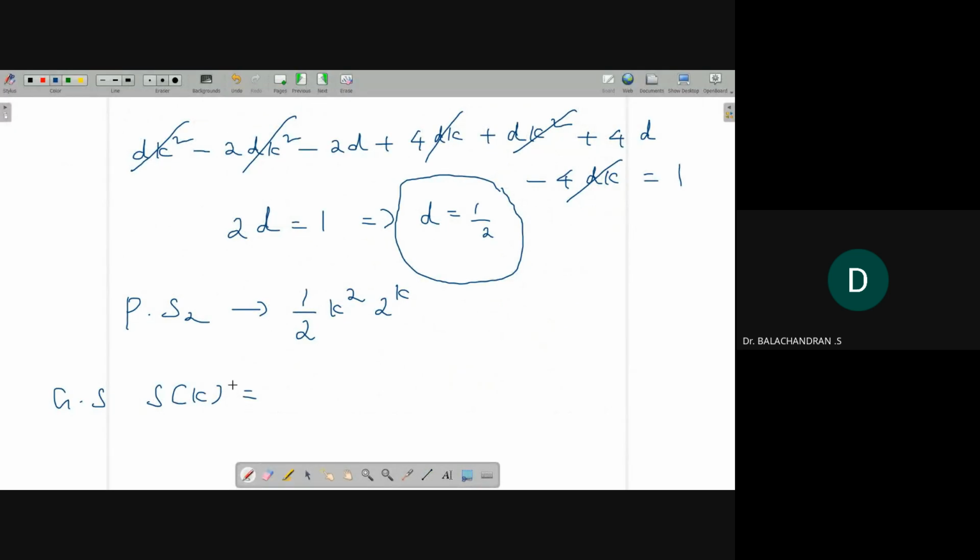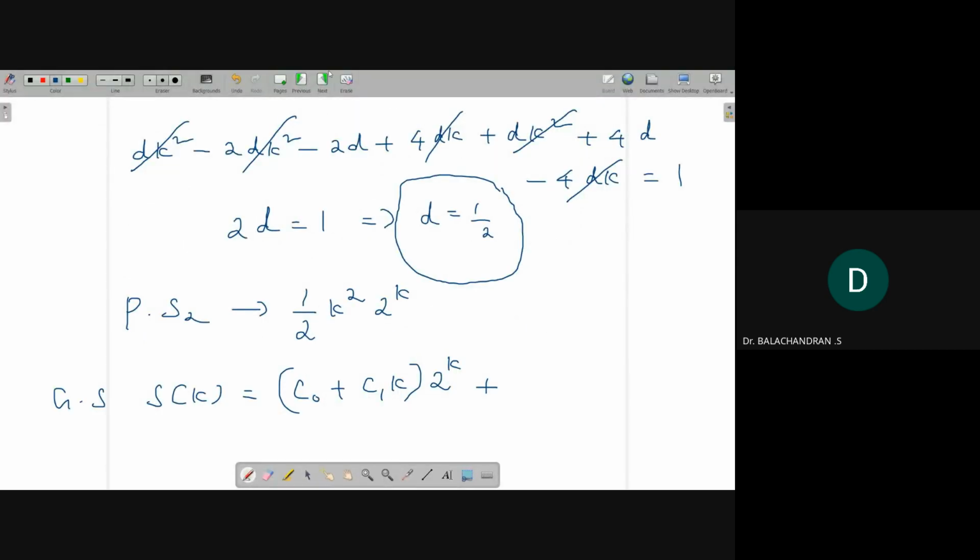Okay, homogeneous solution is C naught plus C1 into k into 2 power k, plus PS1. PS1 we got 12 plus 3k.